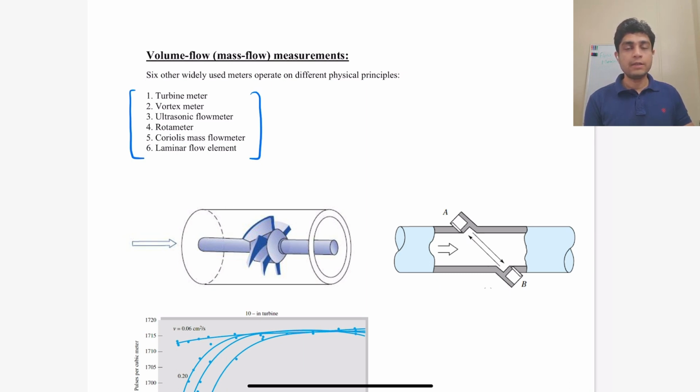In these techniques, we don't need to disrupt the flow or put anything in the flow. We just install some sensor on the outer periphery of the pipe and take measurements from outside. The flow meters that I will discuss ahead are the Turbine Meter, Vortex Meter, Ultrasonic Flow Meter, a Rotameter, Coriolis mass flow meter, and a laminar flow element.